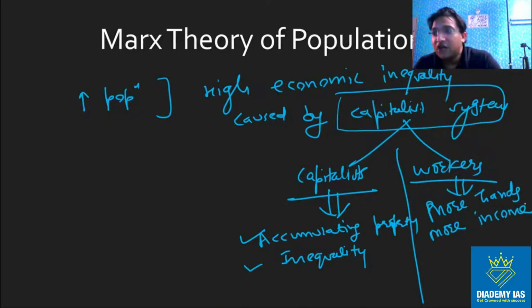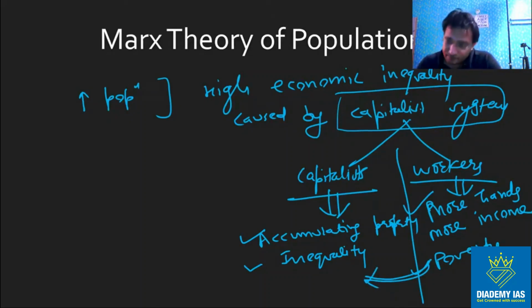They think if I have more children, they will work in the factories and bring in income. So this is the mentality of the worker. The workers are adopting this mentality because of poverty, right? This poverty has been caused by the capitalists, because the capitalists are accumulating the wealth.